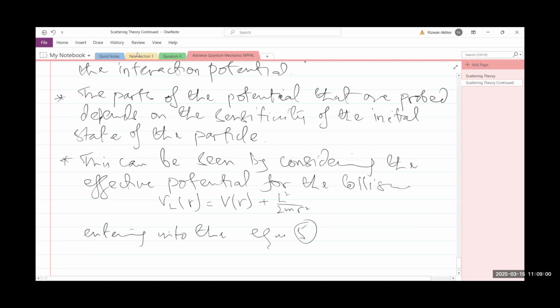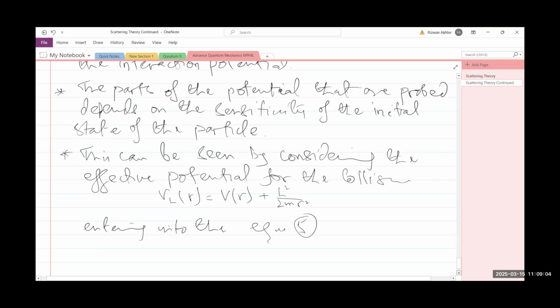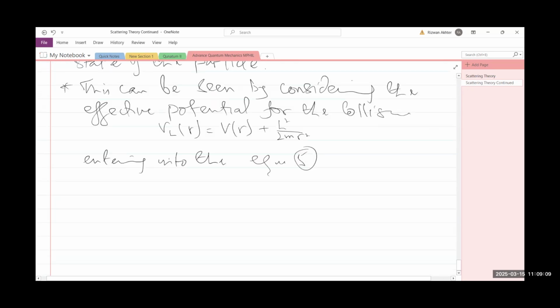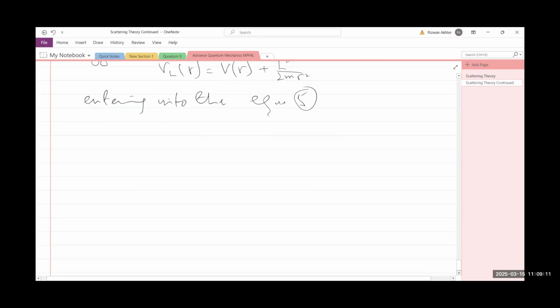So let's say we consider some potential curve. पोटेंशियल कर्व आपको मालूम है, पोटेंशियल फंक्शंस हम कैसे डिफाइन करते हैं? Plots between potential and distances between particles.